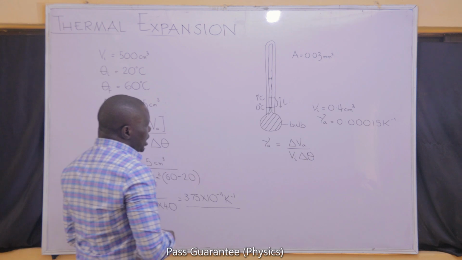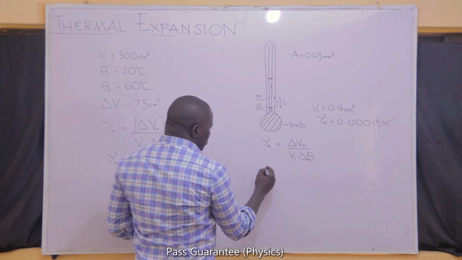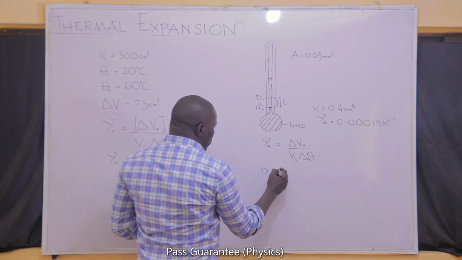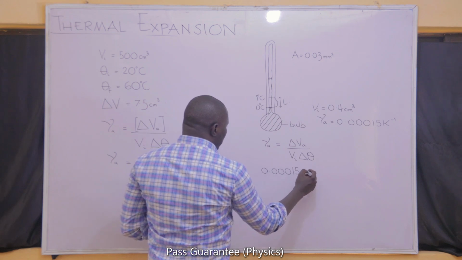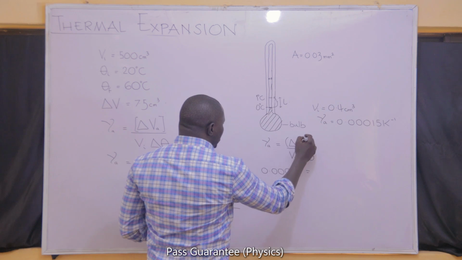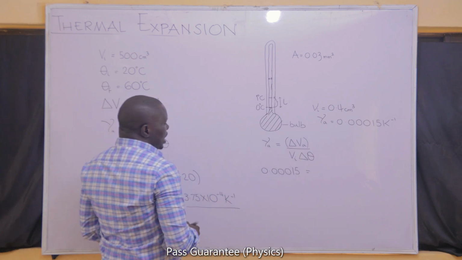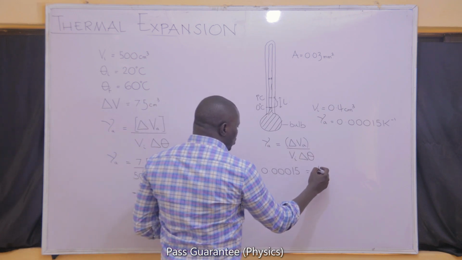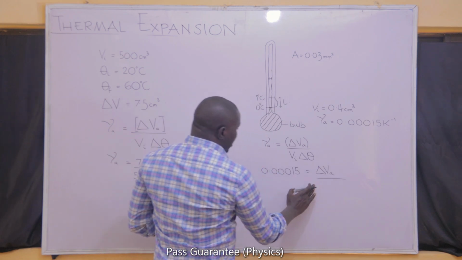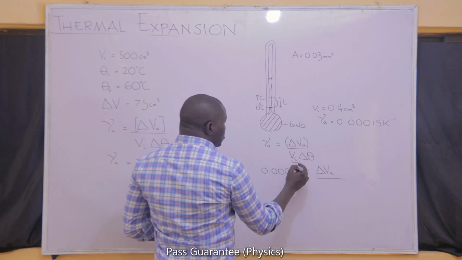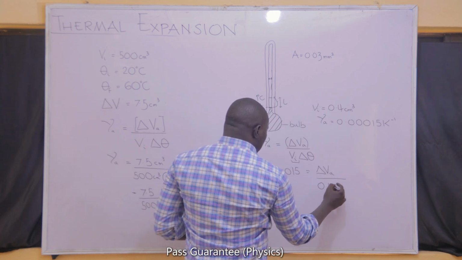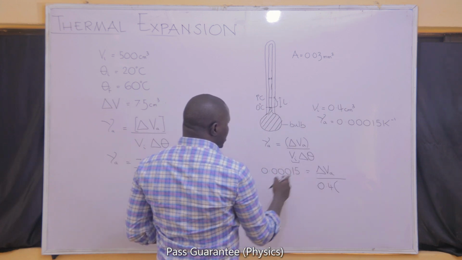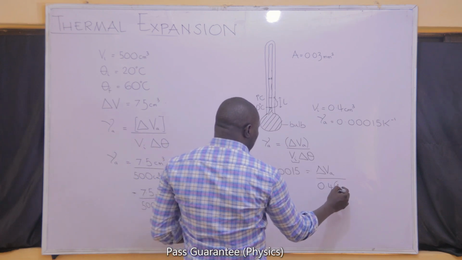So we can now say that the apparent cubic expansivity must be 0.00015. It must be equal to the apparent change in volume divided by the initial volume times the change in temperature. The apparent change in volume is what we don't know. The initial volume is 0.4. The change in temperature must be 1 to 0.